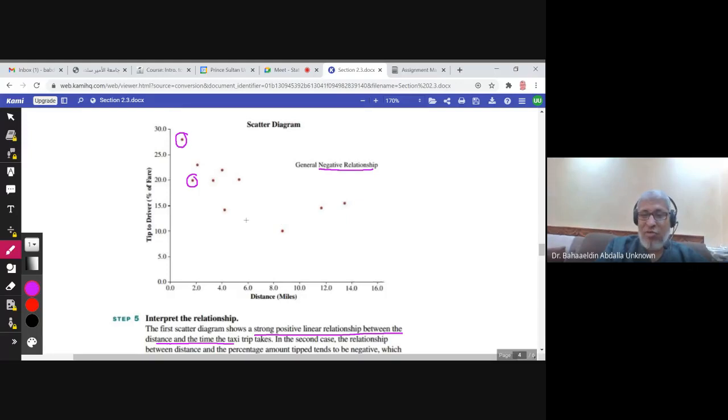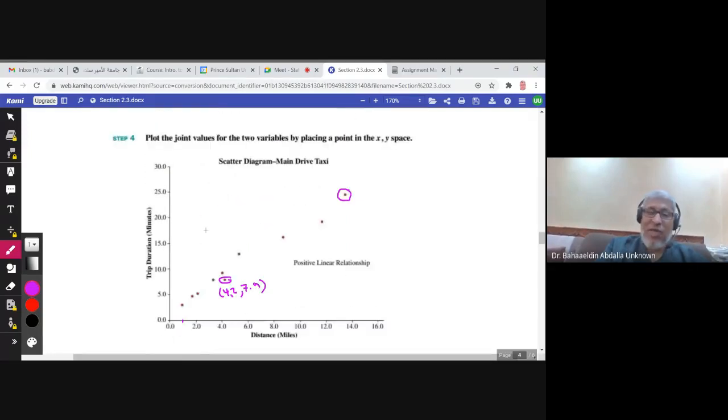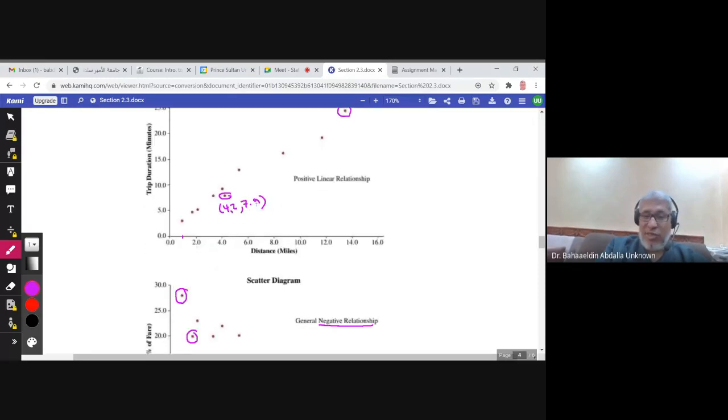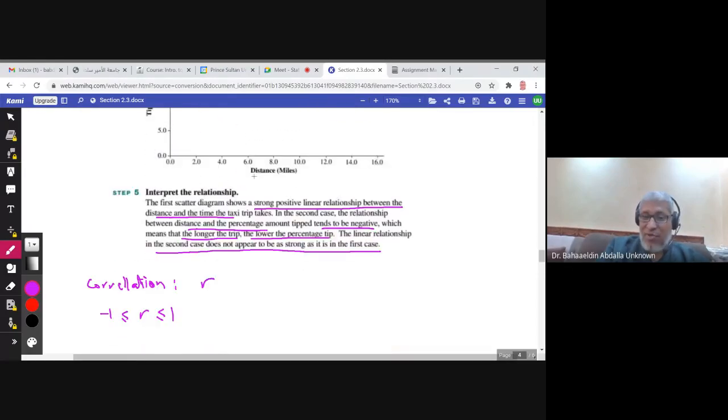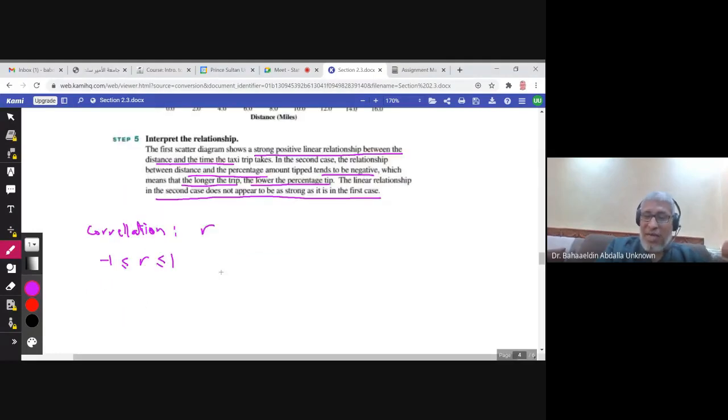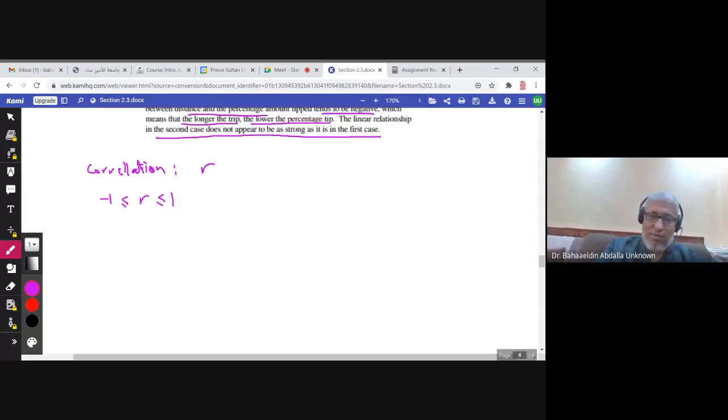Check it please at home. While in the first scatter diagram it would be greater than 0.9, I'm sure. So this will give you more indication of whether the relationship is linear and strong or not strong.